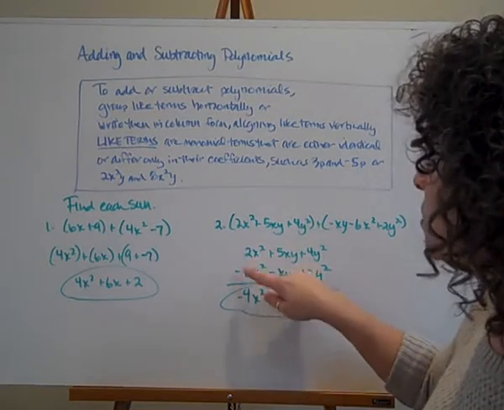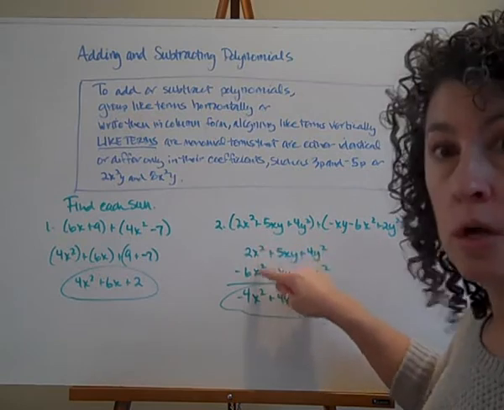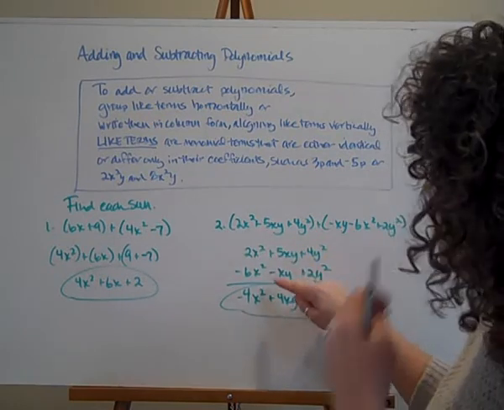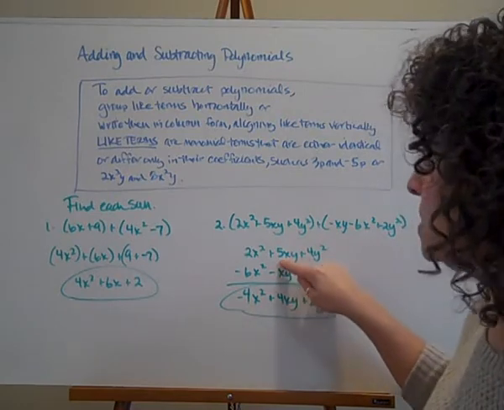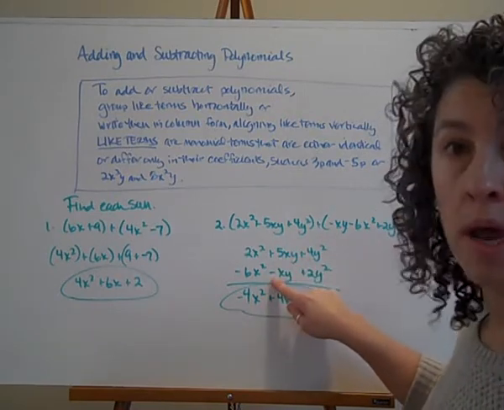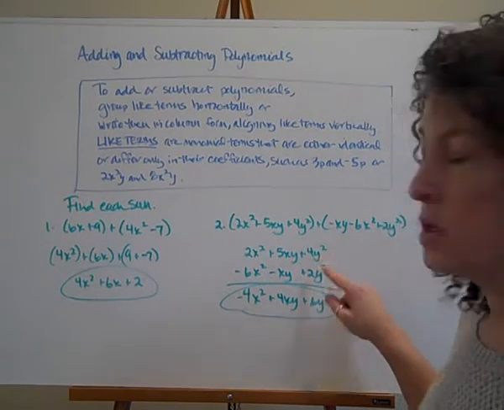I've got my 2x squared, and then I put my negative 6x squared beneath it, so my x squareds are like terms. I have my negative xy underneath my 5xy, because those are like terms. This is 5xy, this is negative 1xy. And then I've put my 2y squared underneath my 4y squared, because those are like.